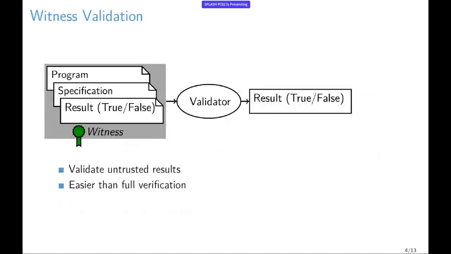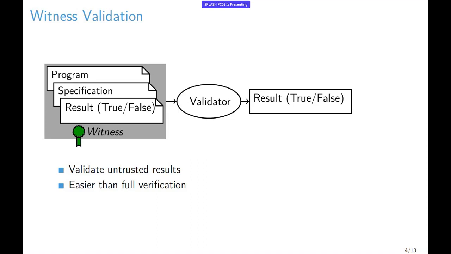And what can we do with these? We can do witness validation. Witness validation is the process of taking the same verification problem, consisting of the same program and the same specification, plus the witness as input. The validator tries to reconstruct the proof of correctness or violation of the specification, and the result is true or false, meaning that the witness is confirmed or the witness is rejected. This gives us actually lots of opportunities.